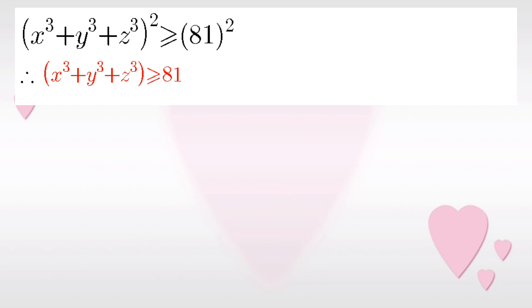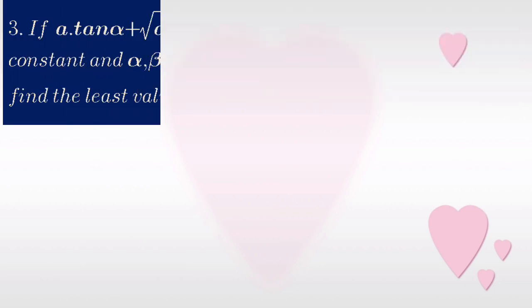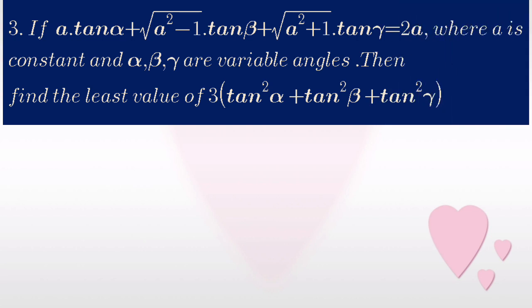Now let us see one more beautiful question from trigonometry. The third question is: if a tan α + √(a² − 1) tan β + √(a² + 1) tan γ = 2a, where a is a constant and α, β, γ are variable angles, then find the least value of 3(tan²α + tan²β + tan²γ).